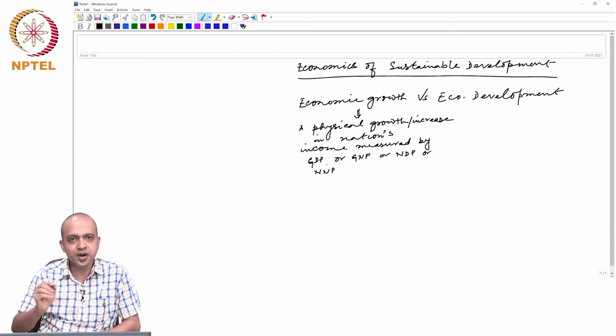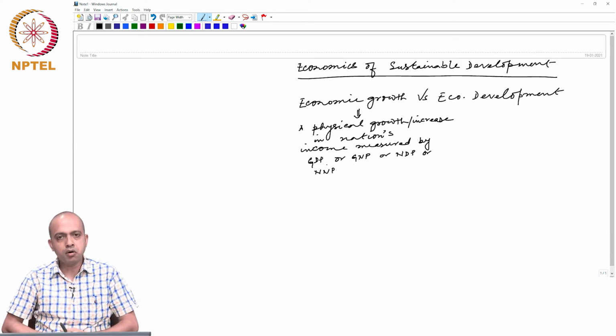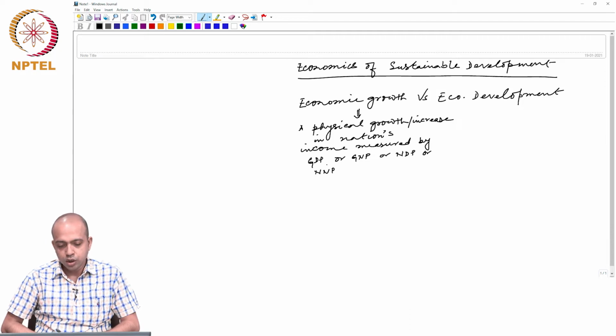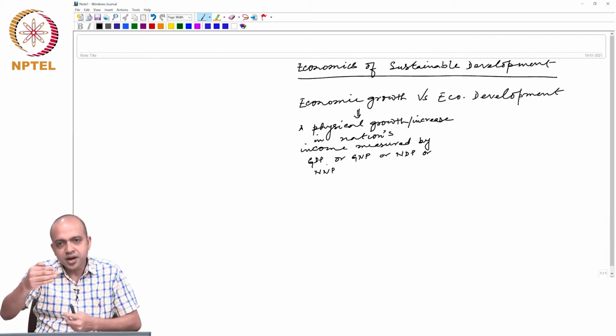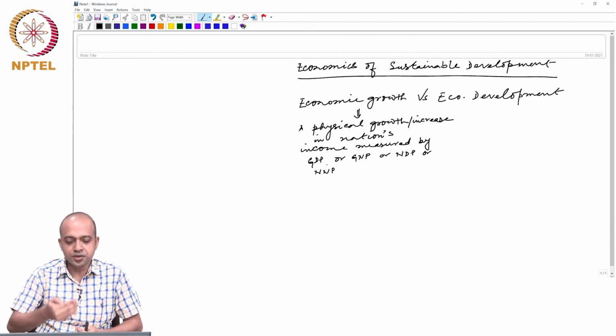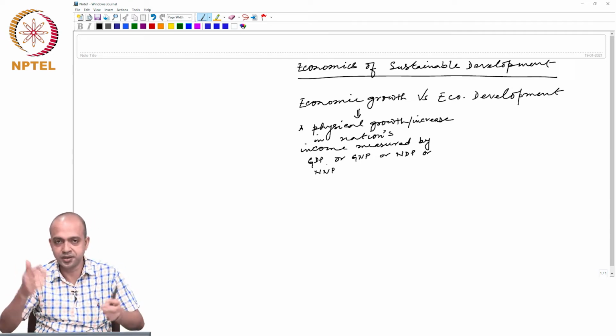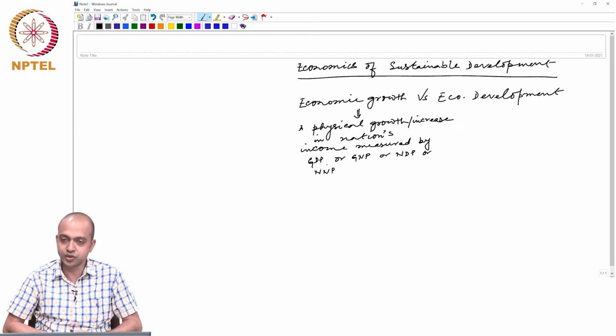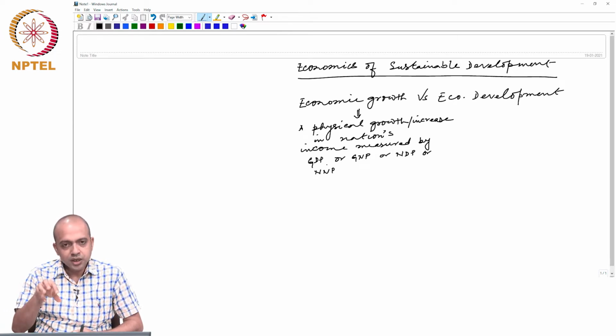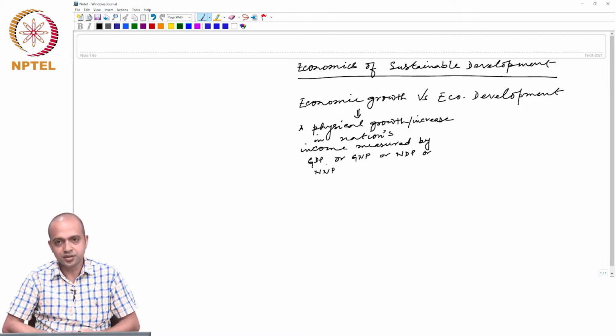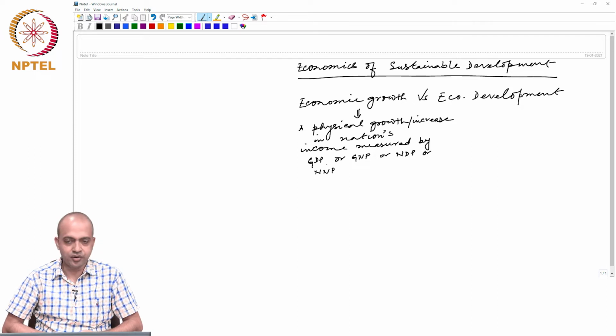These are several indicators of economic growth. So, if there is a rise or increase in GDP or GNP or NDP or NNP, then we will say that country is growing, right. So, growth indicates only a physical increase in the country's income.